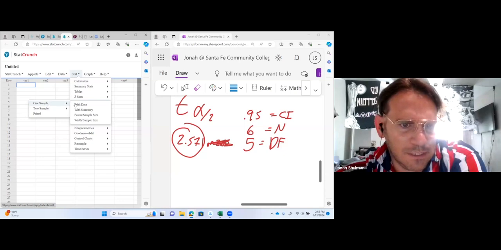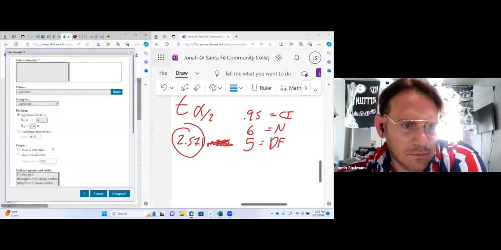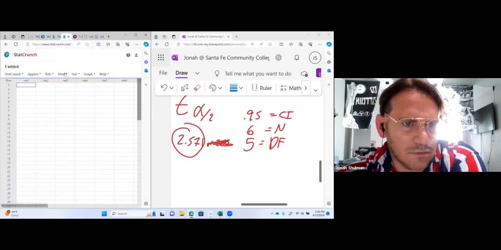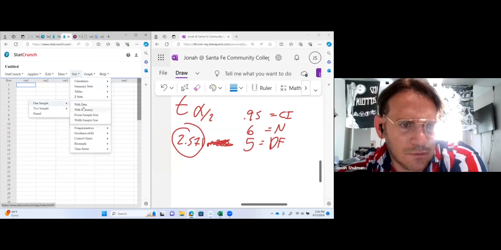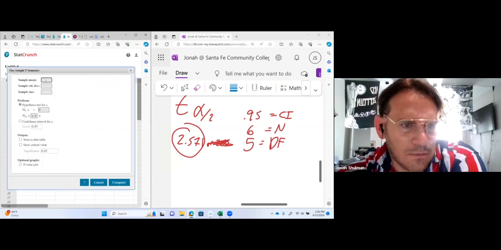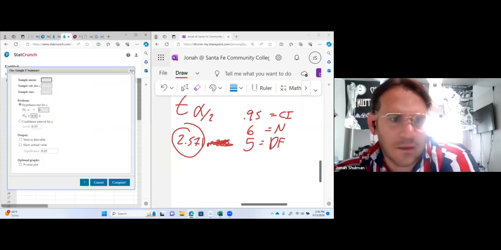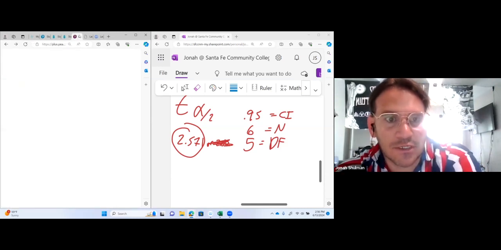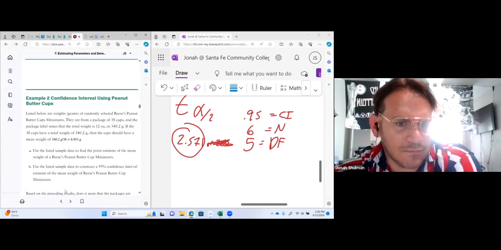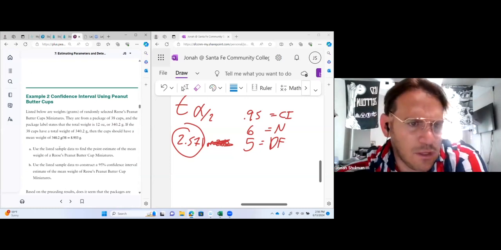I believe it was 1 sample with data. Okay, I don't have any data. Maybe if we had a summary. I don't know. No. Okay, so we'll have to just see what happens. It's going to spit out the answer when we put in technology anyway, so I wouldn't worry too much about it. All right, let's find this confidence interval.